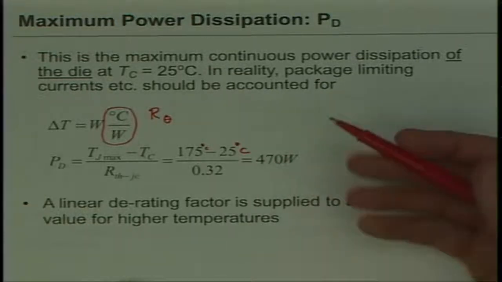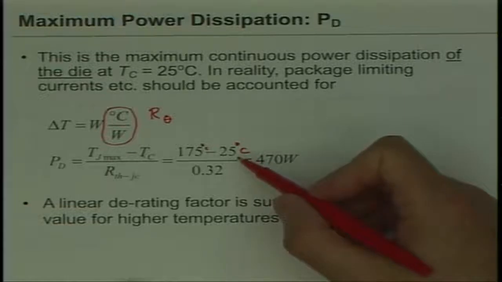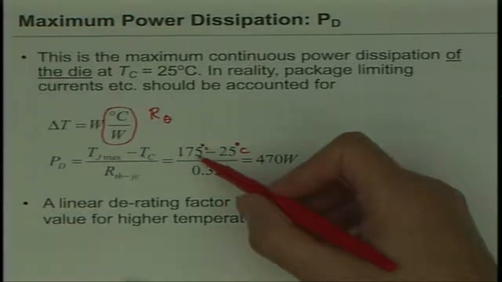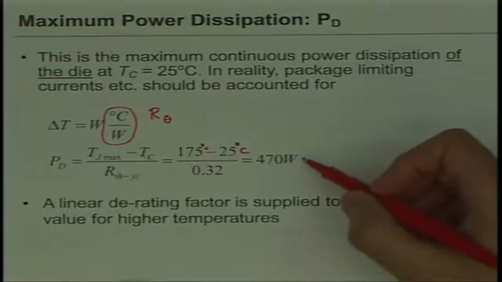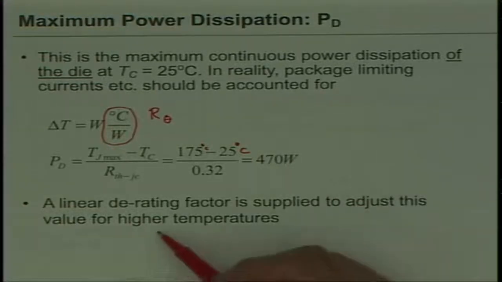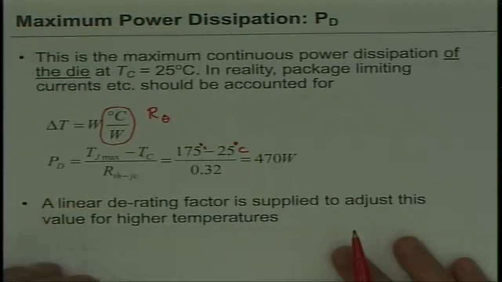In real life, your heat sink is probably going to be, worst case, at 80 or 90 degrees C. And you're not going to want to run it to 175 because reliability is going to be a concern. So maybe you run it at 125, something more reasonable, right? So this number is a theoretical maximum. And the datasheet provides a linear derating factor to adjust for higher temperatures.